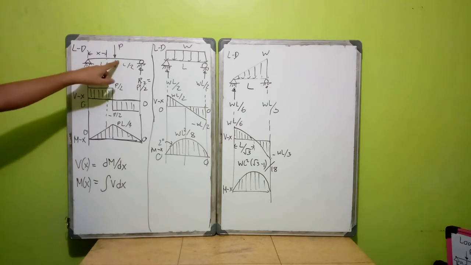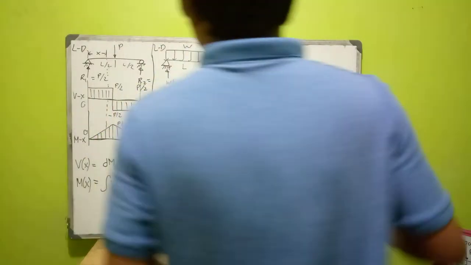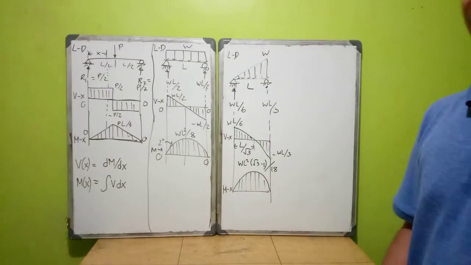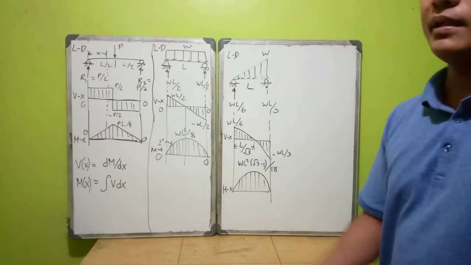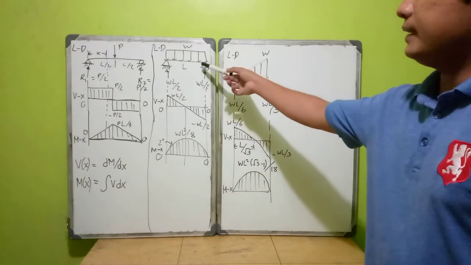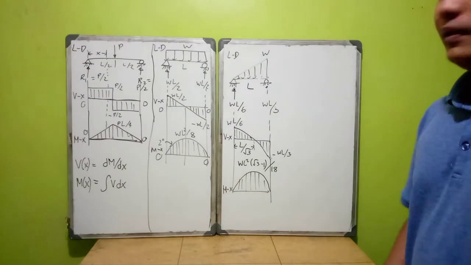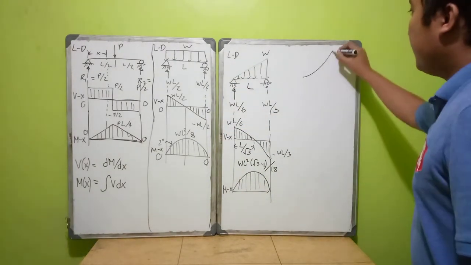Here, it's a point load which acts at the middle. Here, W. When we say W in this series of videos, we are talking about the distributed load.